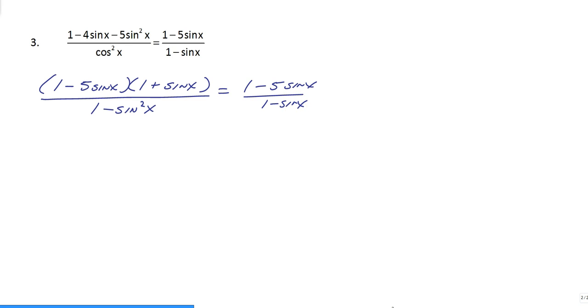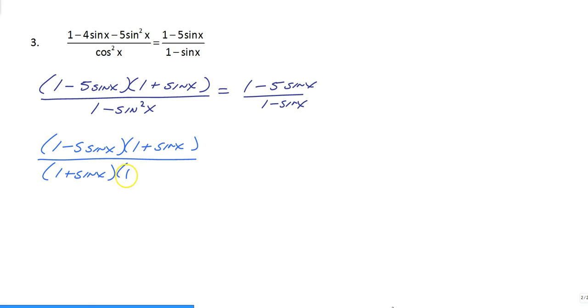And now we could use the 1 minus sine squared x. What I'm trying to say is we factor it. So that's going to give us 1 minus 5 sine x times 1 plus sine x all over 1 plus sine x, 1 minus sine x, using the difference of two squares.